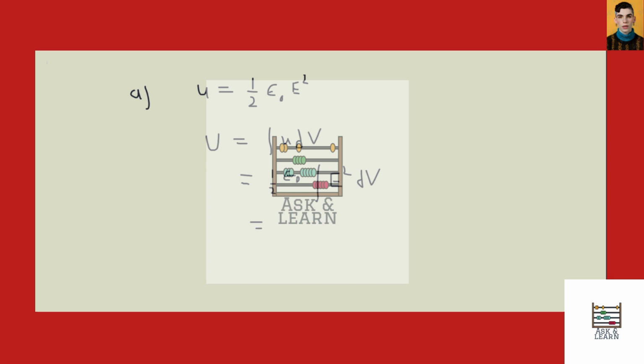Here, E is given by electric field of charge q, spherical charge q. So since we are outside of conductor, we can simply choose electric field E equals 1 divided by 4 pi epsilon naught q divided by r square.